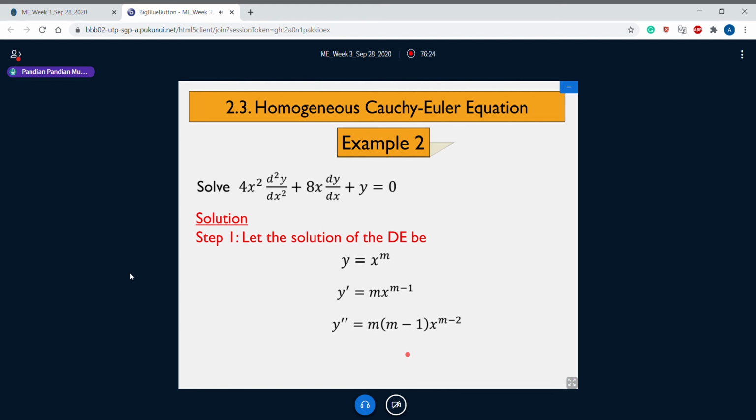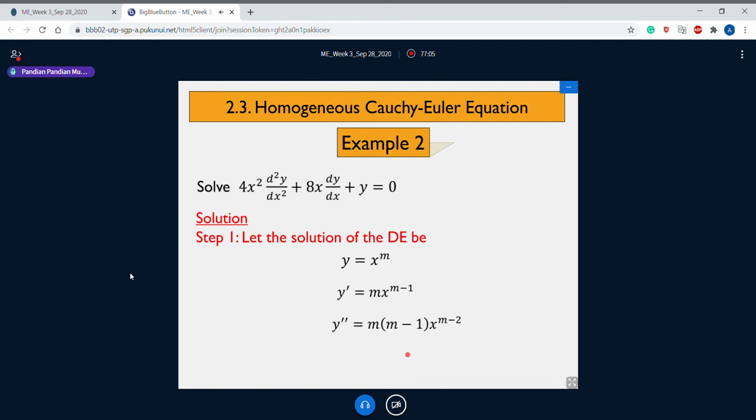So the auxiliary equation, AE: A m squared, that is 4m squared, plus (B minus A) m. B is 8, A is 4, so 8 minus 4 is 4, 4m, plus C, 1. So your auxiliary equation is 4m squared plus 4m plus 1 equals 0. This is directly from the general AE equation for the Cauchy-Euler equation, A m squared plus (B minus A) m plus C equals 0.